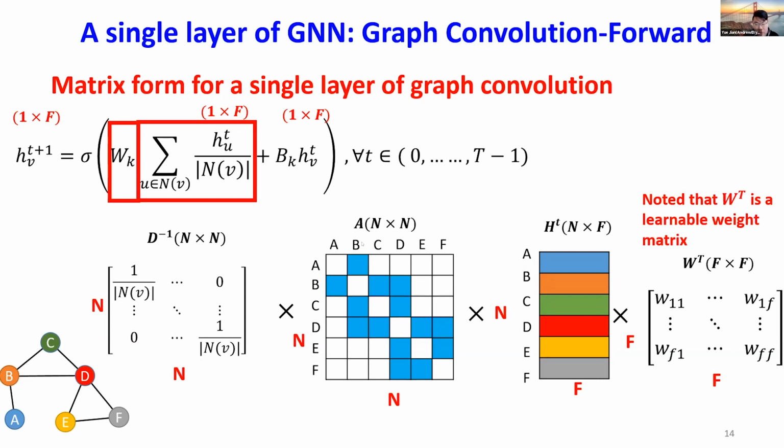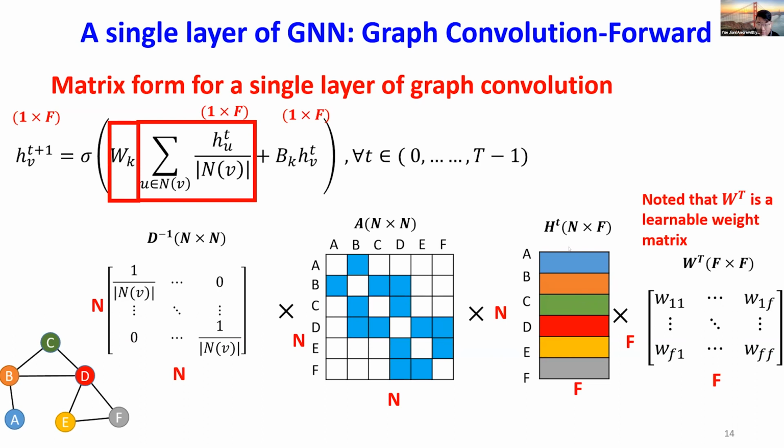After that, we still need to deal with the learnable weight terms. The way you do this is you multiply the learnable weight on the right-hand side of the node feature matrix. Here we need to pay attention to the shape of each matrix.